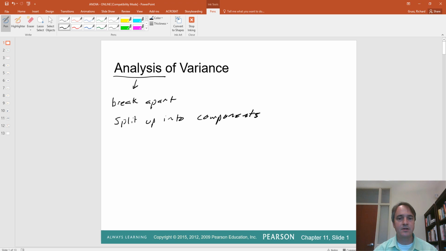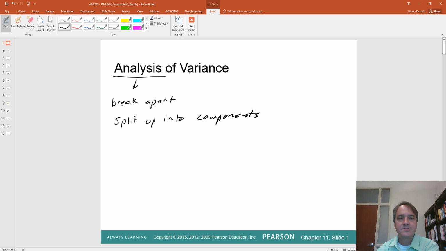So if you were to take a car engine and pull every little piece apart and line them all up along a sheet on the ground, this is an analysis. It's a breaking apart into components.